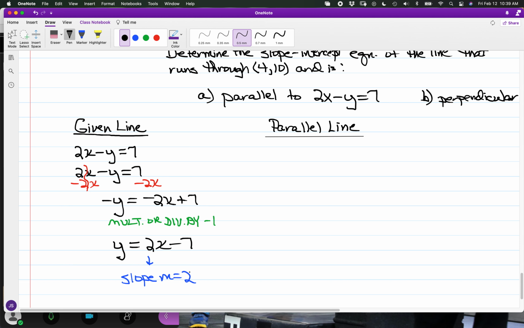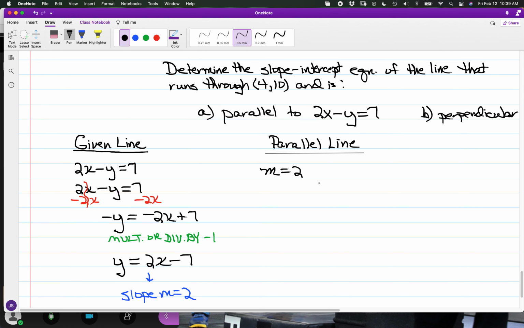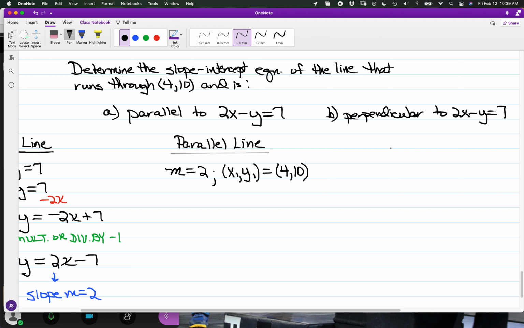Okay, so we have the slope m is equal to 2, and again we have to pass through the point (4, 10). And we can go ahead and point out what the setup will be for the perpendicular.